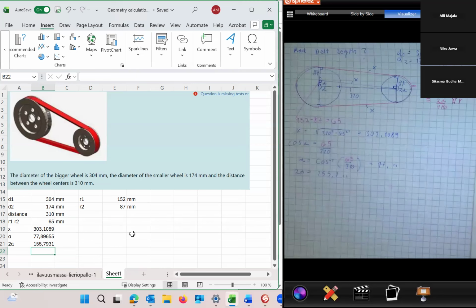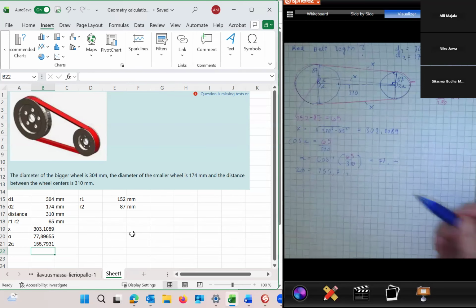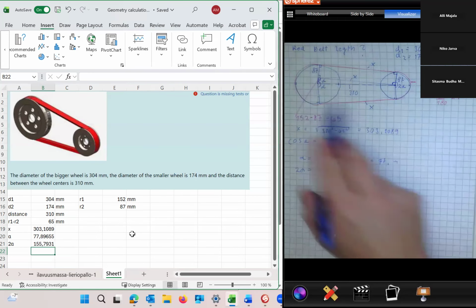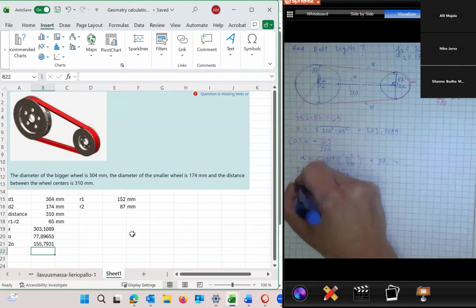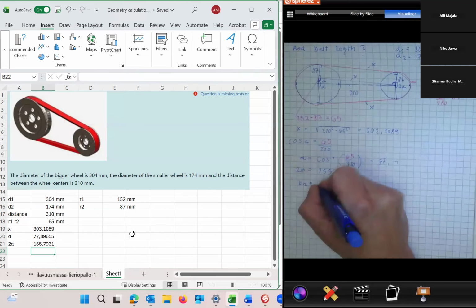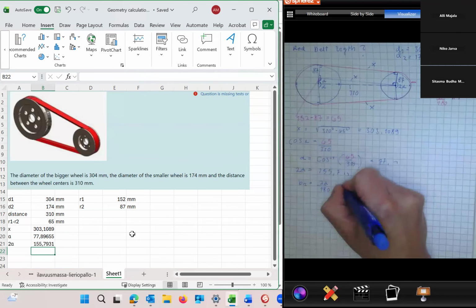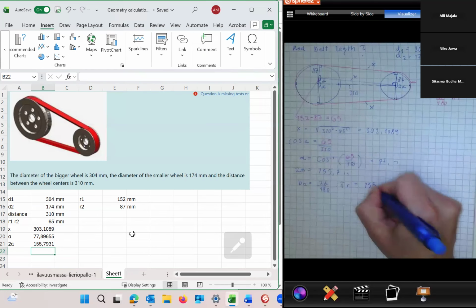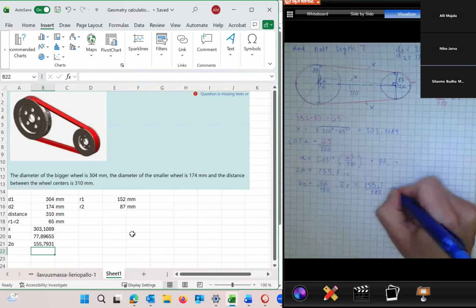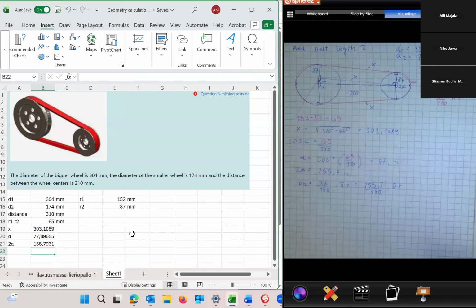Okay, so then my B here, that would be, for example, B2. B2 is that 2 alpha over 180 times PR, which is my 2 alpha, 155.7, PR.